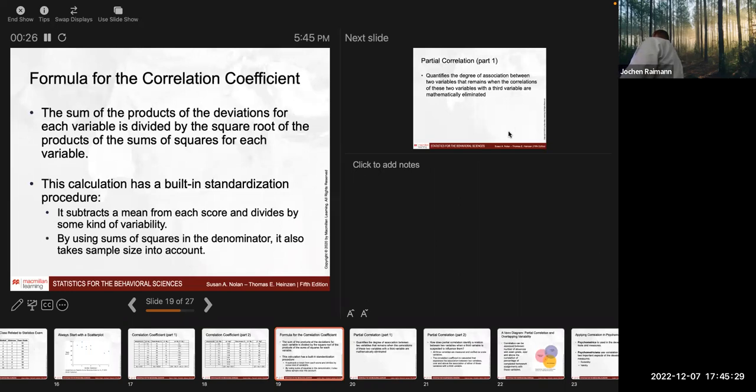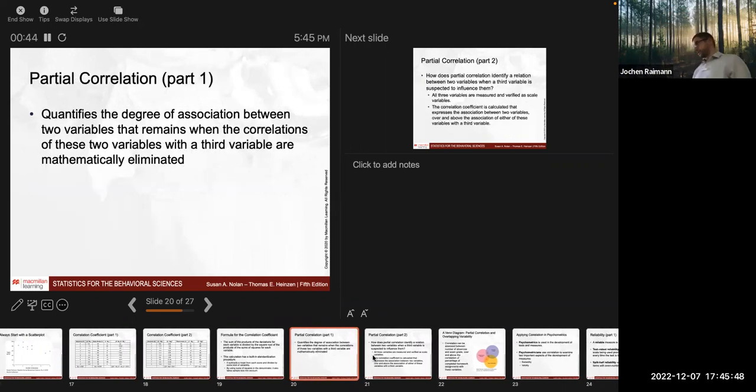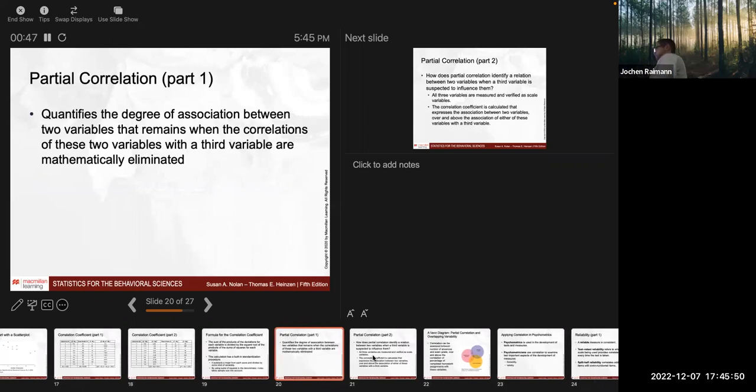The calculation has a built-in standardization procedure, subtracting the mean from each score and dividing by some kind of variability. Using the sum of squares in the denominator, it takes the sample size into account and determines as such the strength of the association. But this is not where this stops. I also talked about multivariable regression.